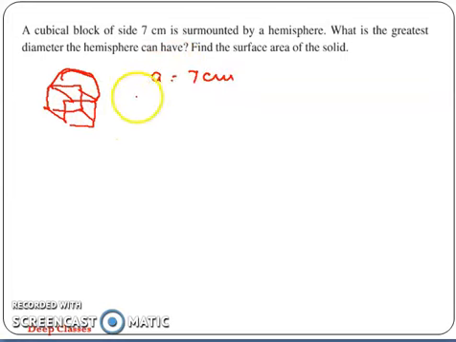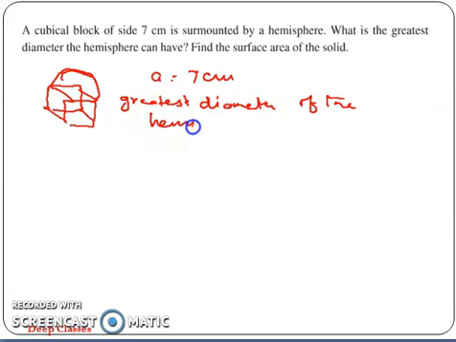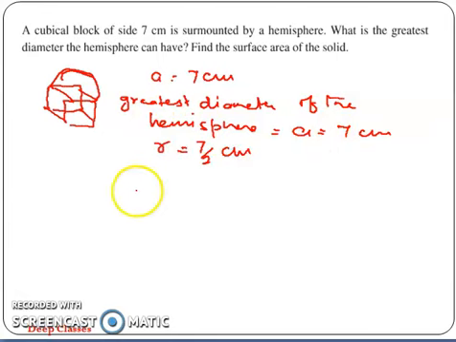What is the greatest diameter of the hemisphere? We can write it is equal to A, that means 7 centimeter. Now if this is the diameter, then the radius will be 7 upon 2 centimeter.